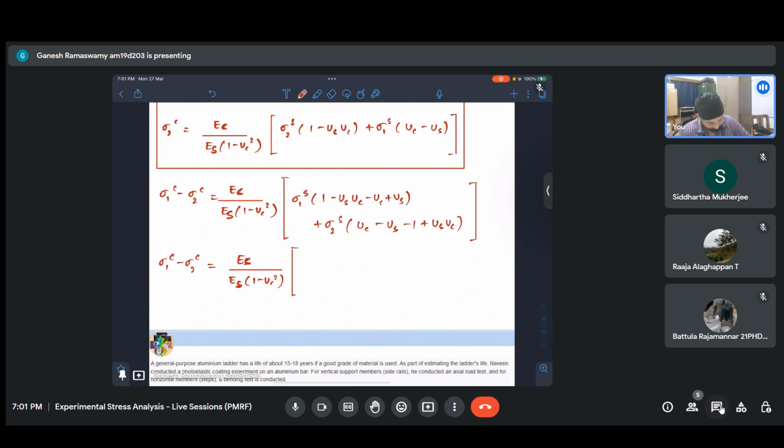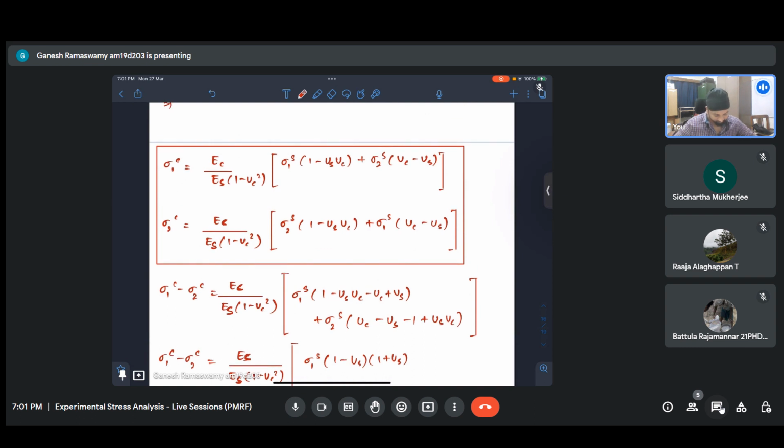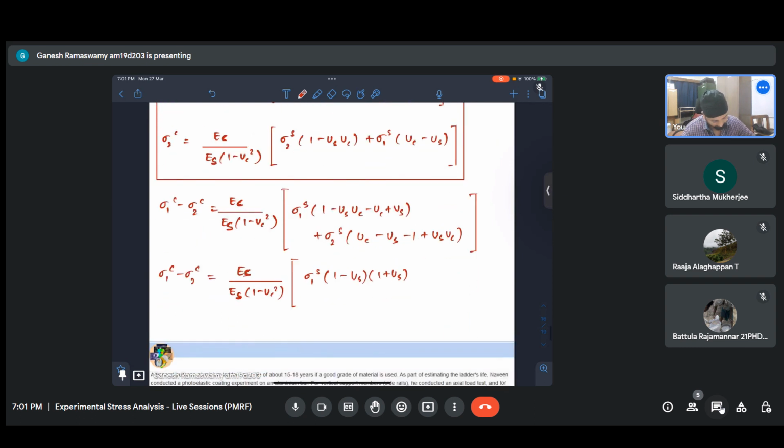Sigma 1s into. Now if I were to write this out, this will be 1 minus mu s if I take common, 1 plus mu s. And since we are subtracting this out, yeah, so plus sigma 2s into minus, yeah, so 1 minus will come out here. And this will be 1 minus mu s into 1 plus mu s.